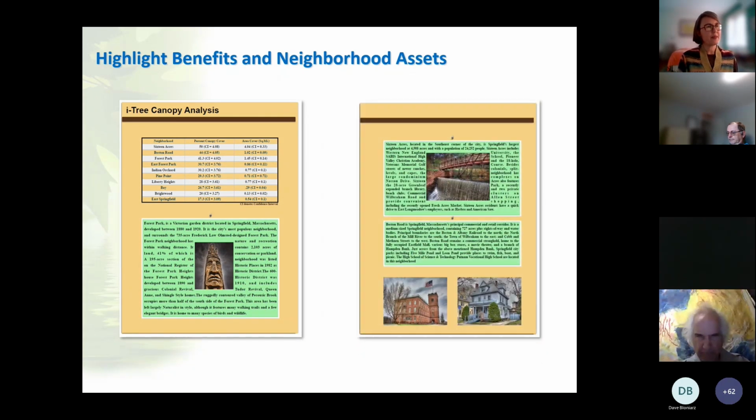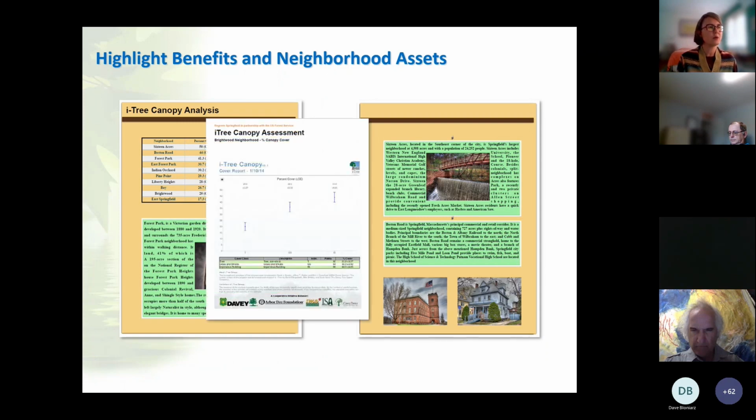And what was nice about that was that it ended up being not just a canopy project for Springfield as a whole, but they broke down the geographies and did a number of them across neighborhoods so that they could do this comparison for canopy cover. And they put that together with stories about the histories and the flavor and the context for these neighborhoods.